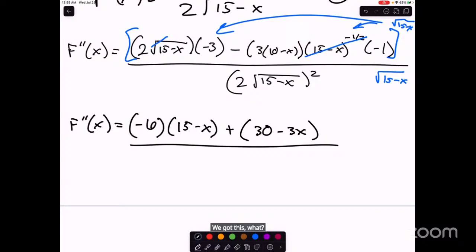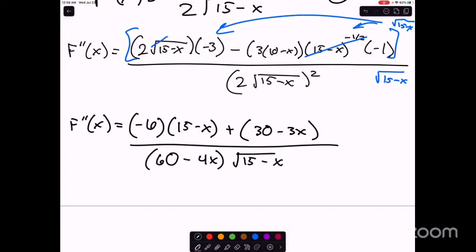Okay, 30 minus 2x times... let me back up. I forgot the square. Okay. So it's going to be 60 minus 4x times the square root of 15 minus x.